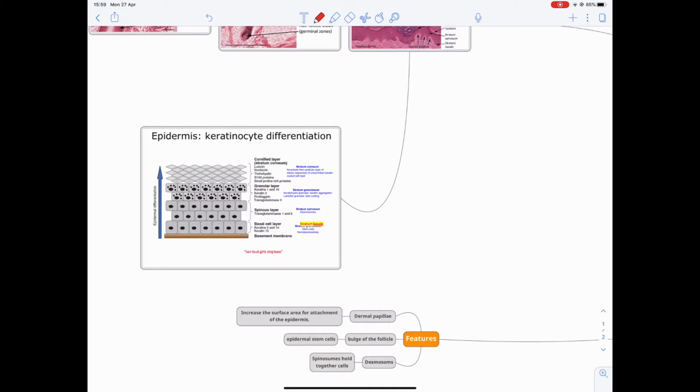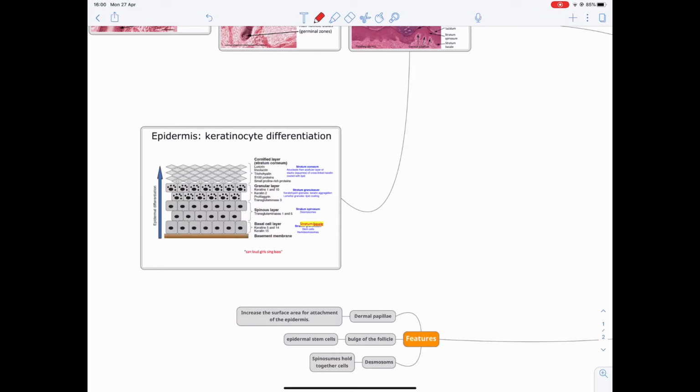Now the next layer, which is stratum granulosum, is characterized by presence of granules in that layer. And that is because eventually when the cells die off and become a cornified layer or stratum corneum, they need to lose their material, and their nucleus eventually disappears.